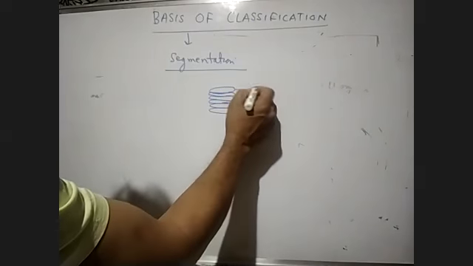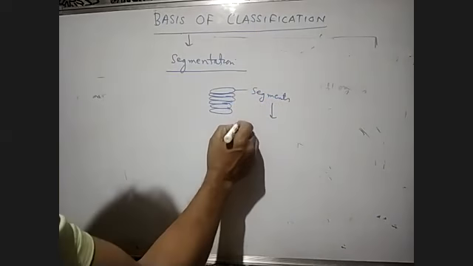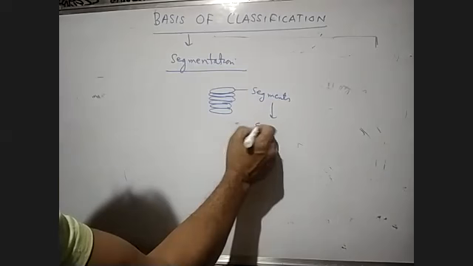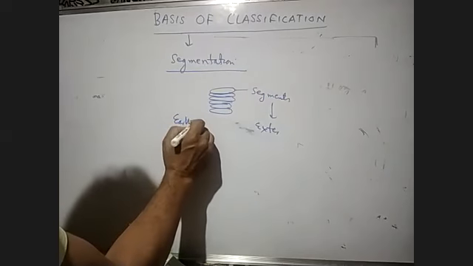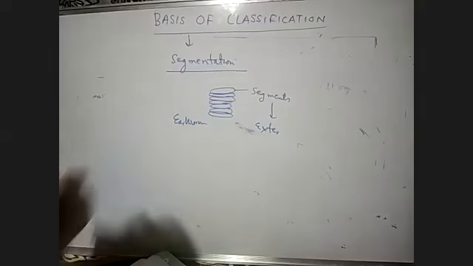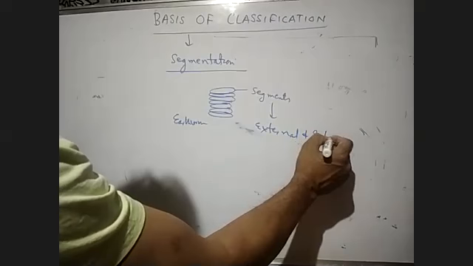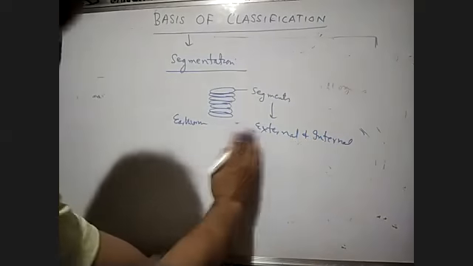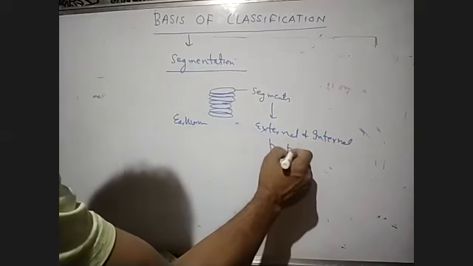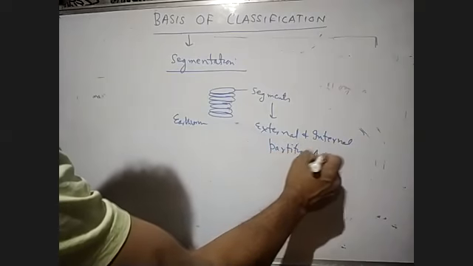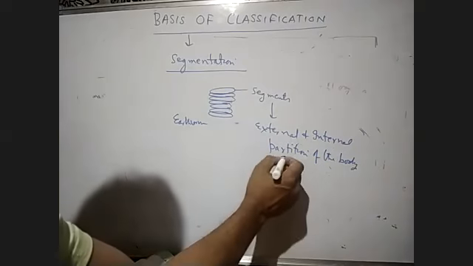These compartments are called segments. In the case of the earthworm, we get a division like this. So this is external and internal partition of the body. This is called segmentation.